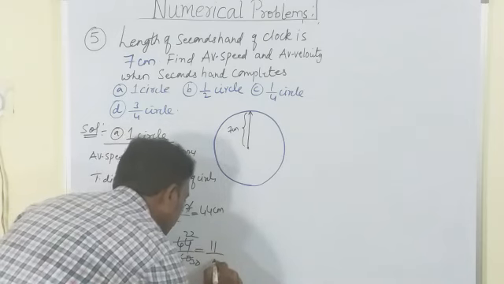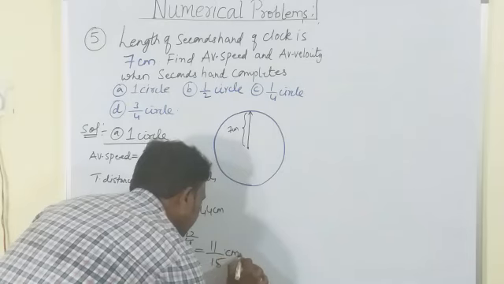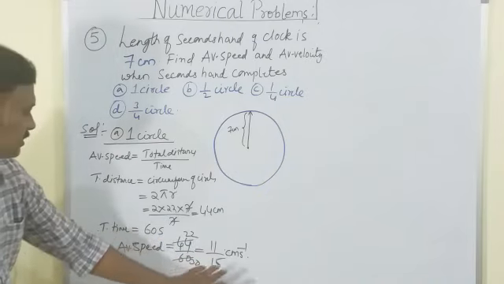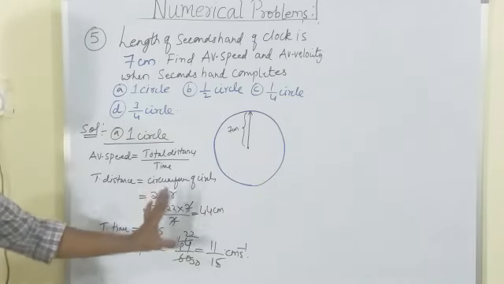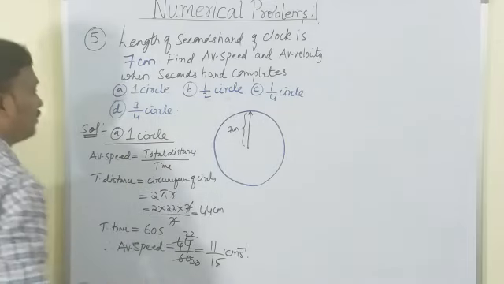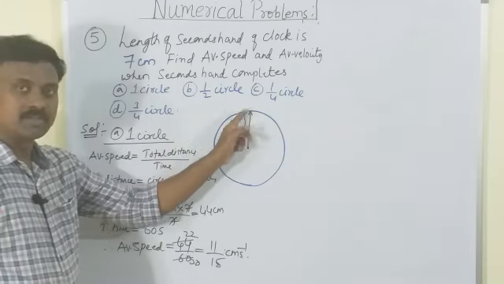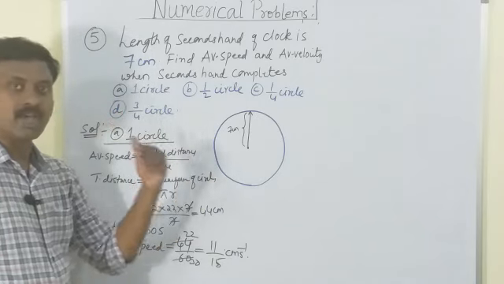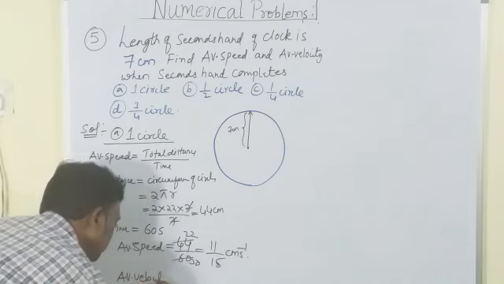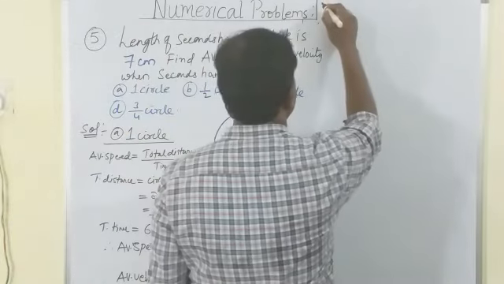On cancellation you are getting 11 by 15 centimeter per second. This is the average speed for one circle. And what is the average velocity? The starting and final positions are the same, so displacement is 0, therefore average velocity is 0.